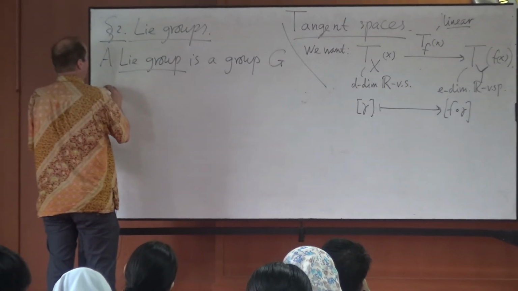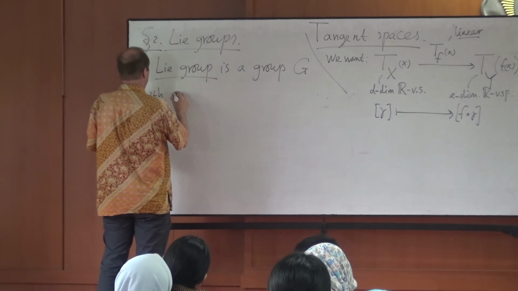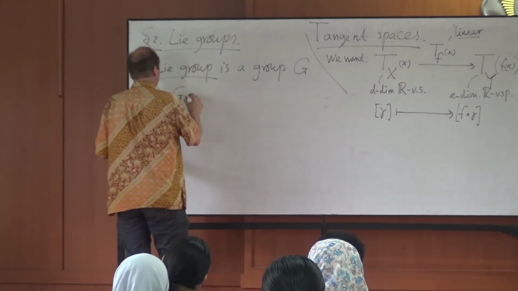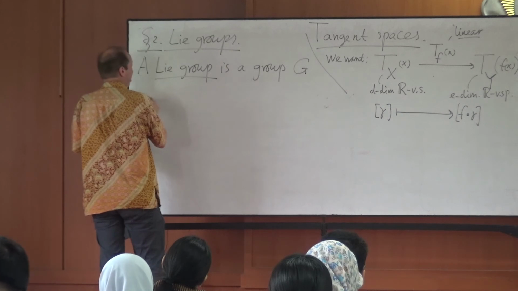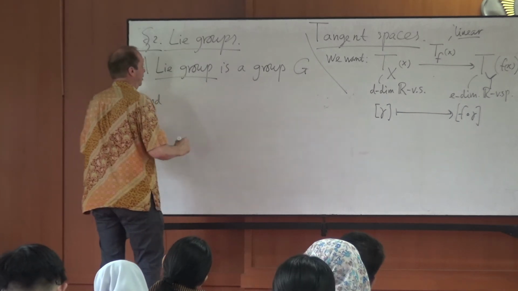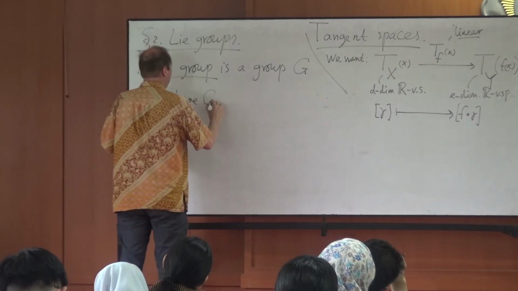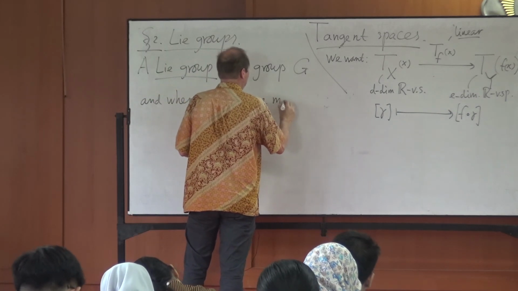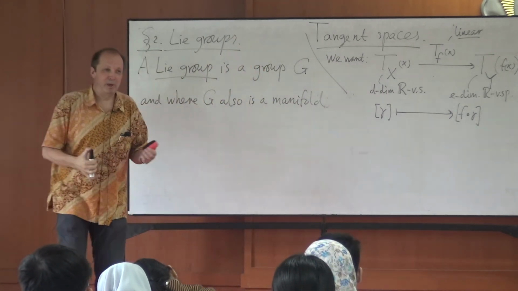A Lie group is a group G, and at the same time G also is a manifold, so it should be a group, but also a manifold.